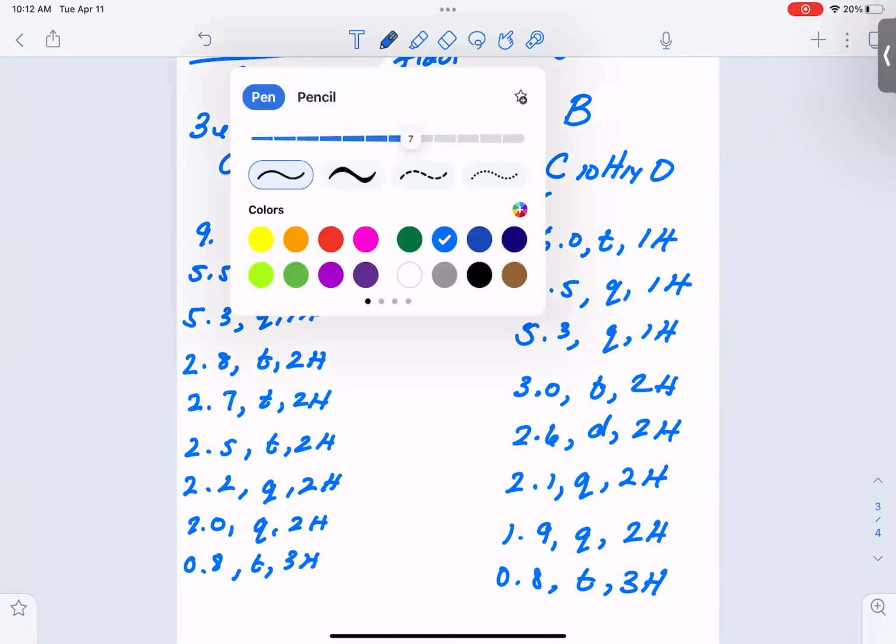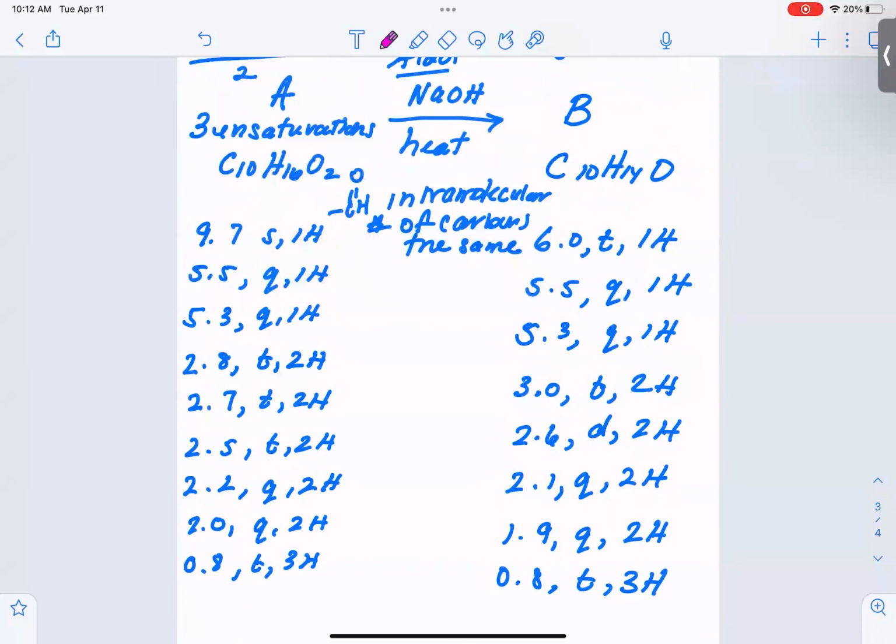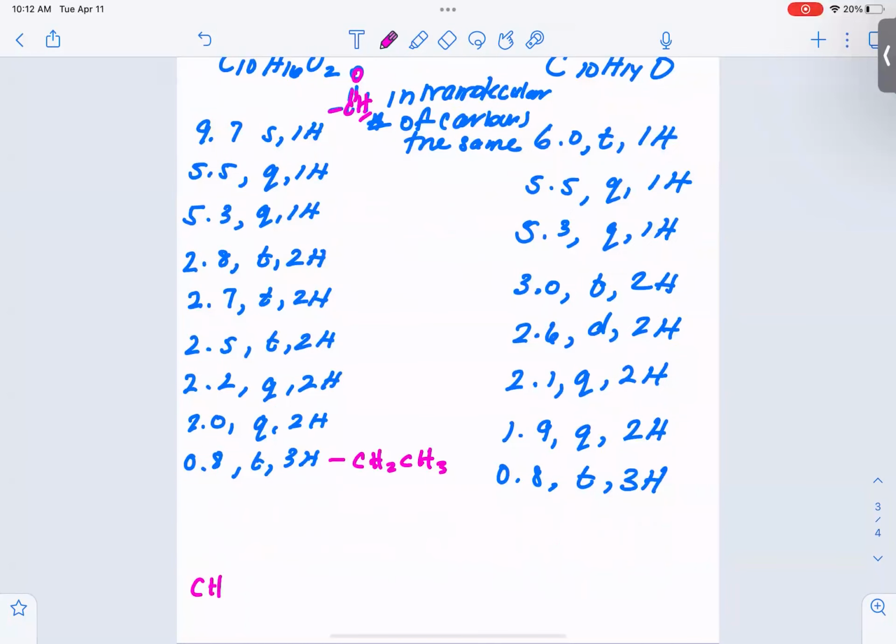Let me just change my colors. I'm gonna get smushed. All right, so that would be one end. And so like here, I would say this is a CH2 next to a CH3. So then what I would probably do is say, okay, CH2. And then kind of start.